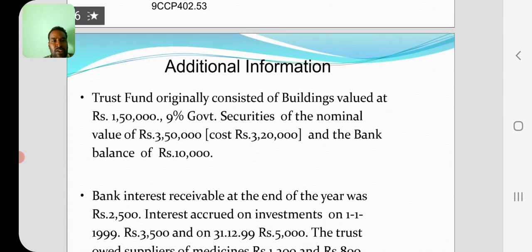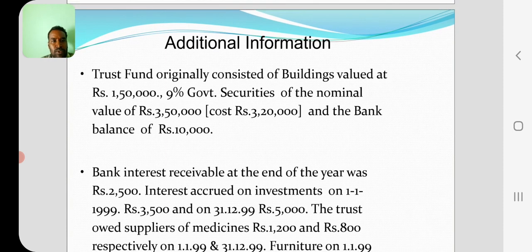Here additional information is given, so we have to consider the above receipts and payments account and the additional information together, and with that we can prepare the income and expenditure account. Later we prepare the balance sheet. First of all, concentrate on the additional information.